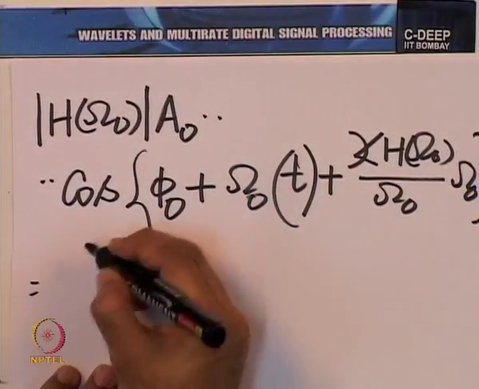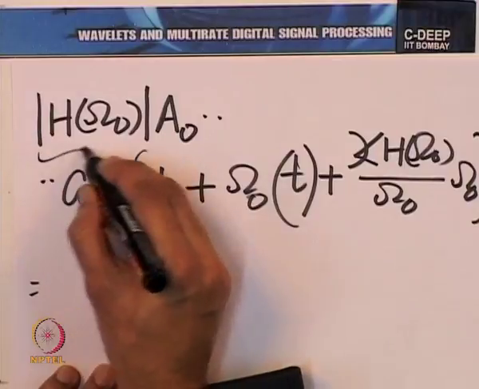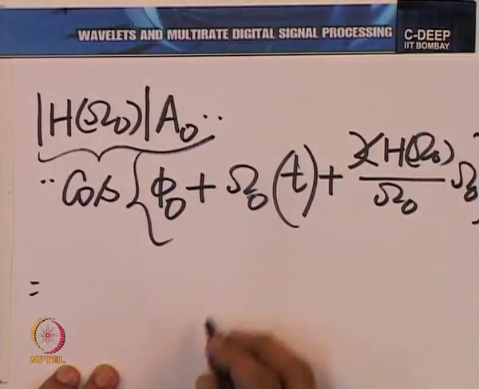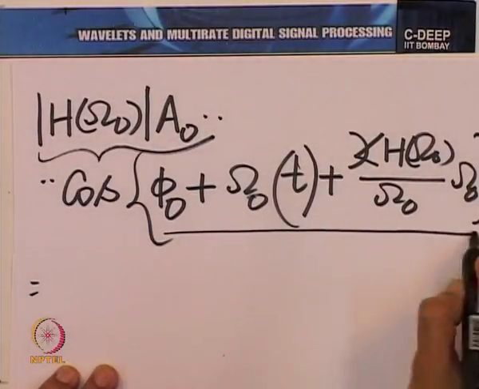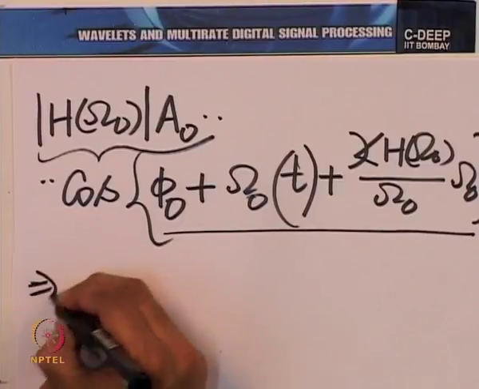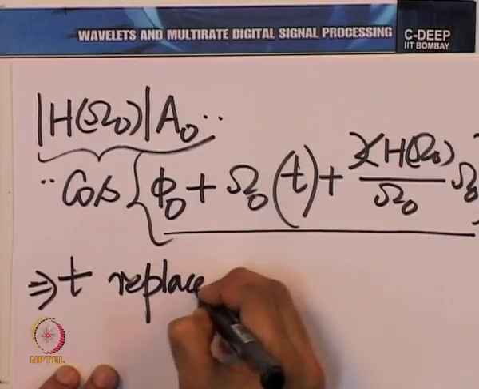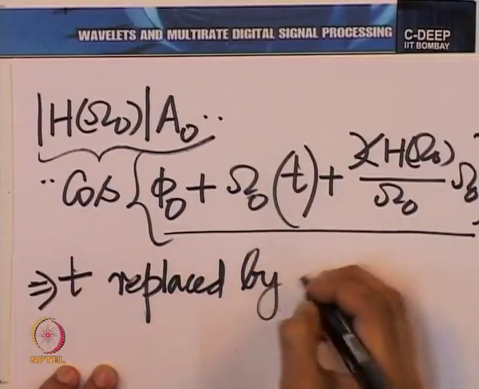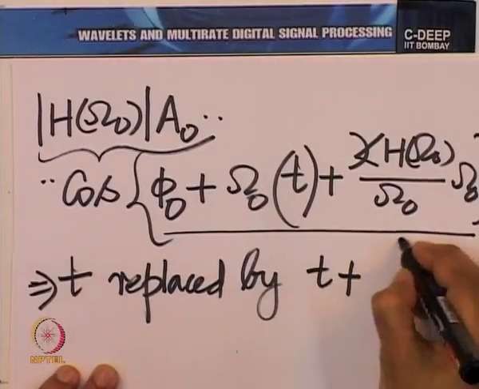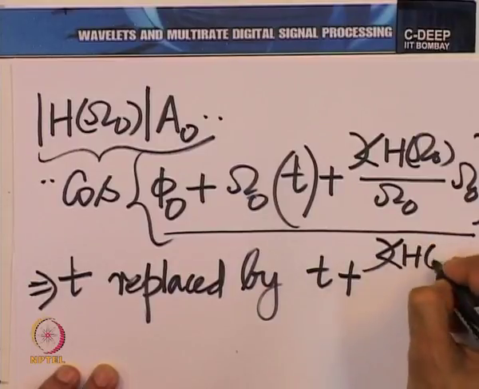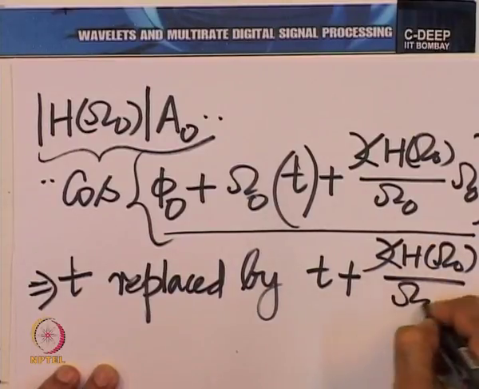So, now I can rewrite. Forgetting about this part, this part is essentially a change of magnitude. It is only this part which I wish to focus on. t has been replaced by t plus angle h omega naught by omega naught.